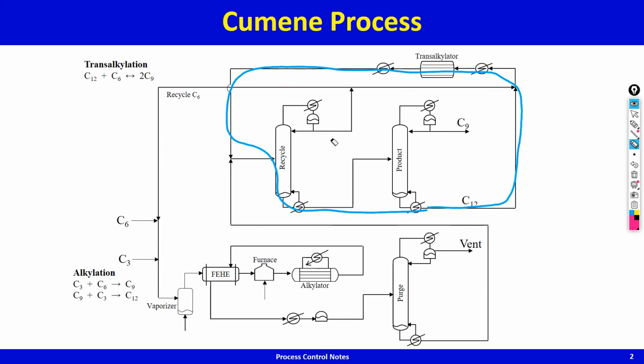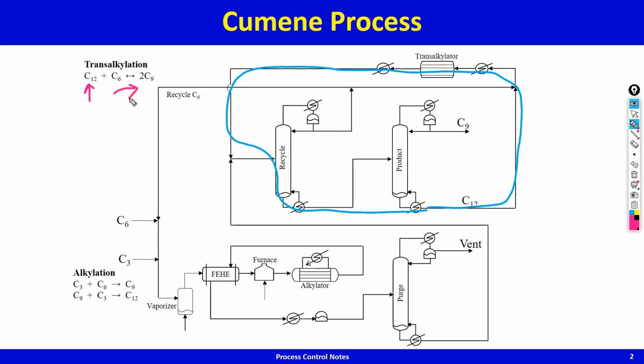What happens in the DIPB loop is you allow the DIPB to build sufficiently. As the DIPB keeps building, the concentration of C12 keeps increasing, and the reaction gets pushed to the right because the reactant concentration is increasing.